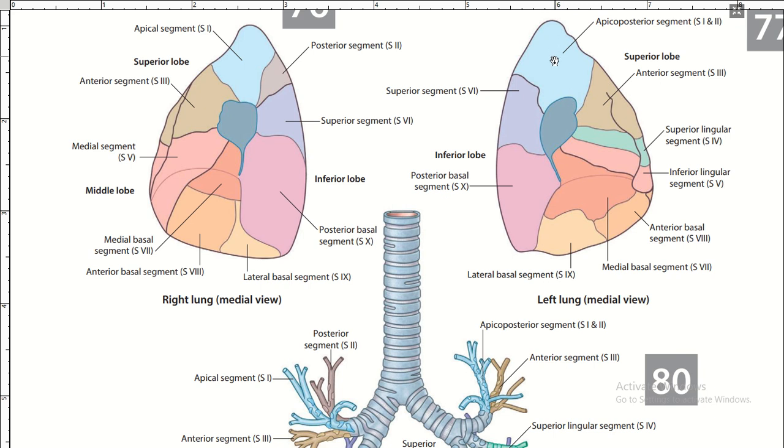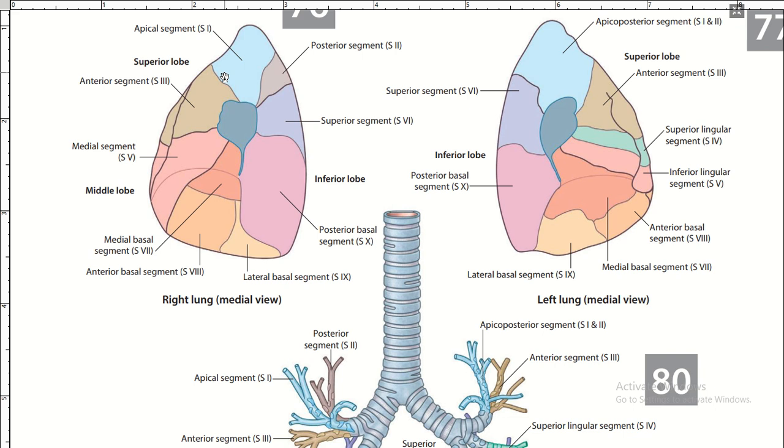But NB, the pulmonary vein will be lying in the connective tissue between the bronchopulmonary segments. It is not within the bronchopulmonary segment. It is between. So it is also called intersegmental vein. Why? Because it lies in the connective tissue of your bronchopulmonary segment. So that forms your respiratory circulation.